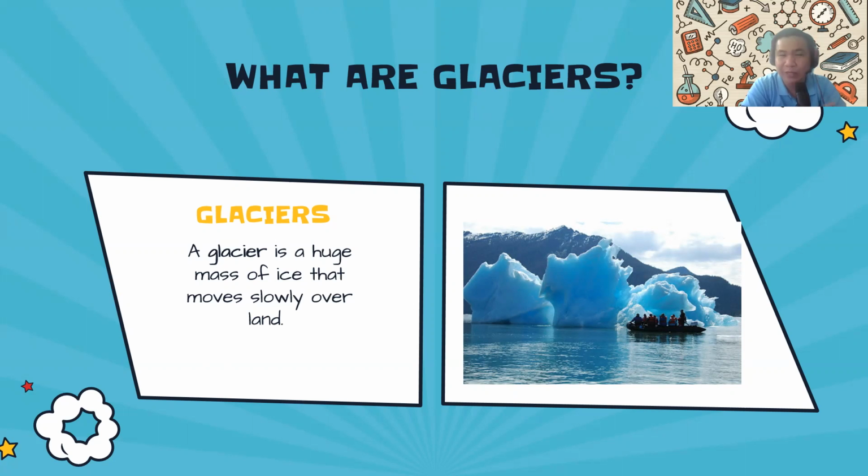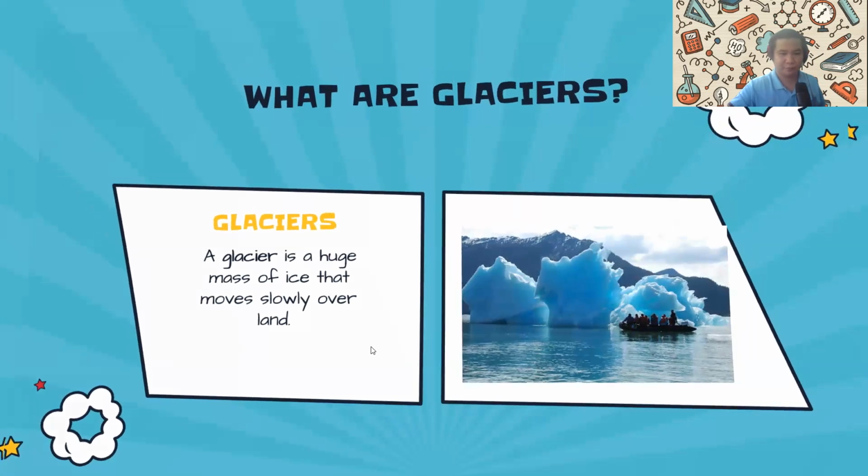So we will lose a big chunk of the clean water because of global warming. Not only that, but a lot of animals will become extinct due to global warming. That is the sad part about glaciers.